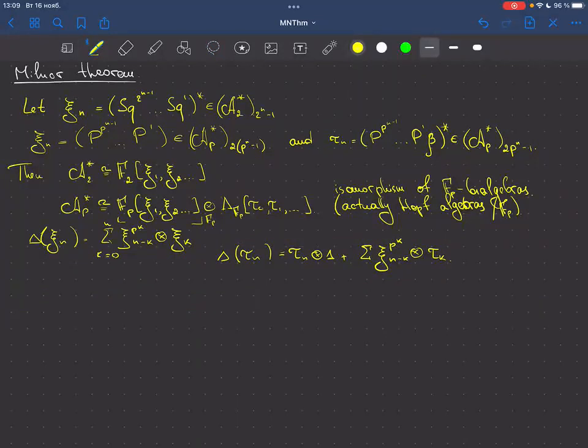Now I'm preparing some stuff to use the Adams spectral sequence. This is our first step on the way to using the Adams spectral sequence.